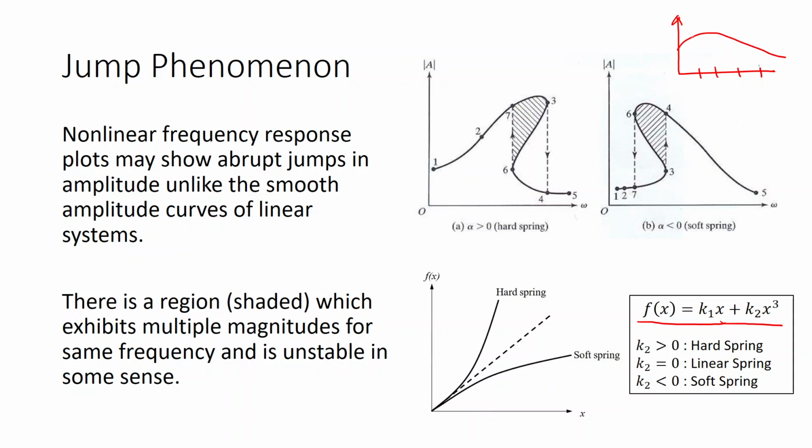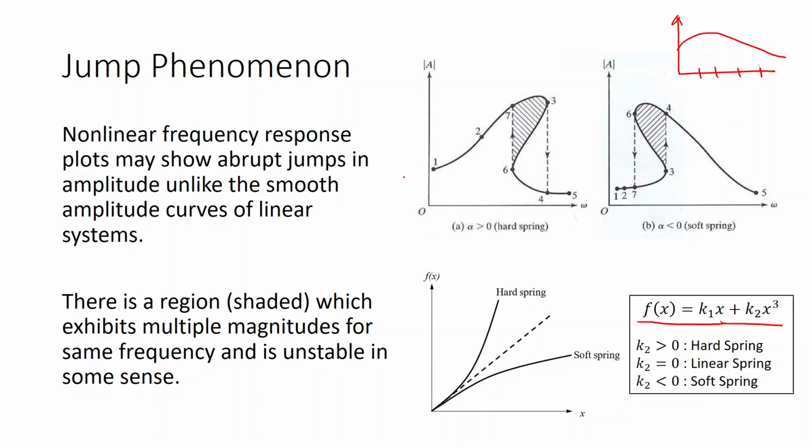It will be a continuous curve, and at no frequency will there be two amplitudes, so there is no ambiguity.